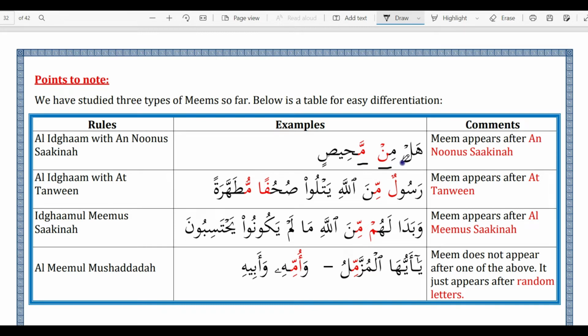So this example here would not be Meemul Mushaddada. This example will be idghamun nun sakina, because the letter Meem comes after nun sakina. Meme appears after a Nun Sakina, so it is Al Idgham with a Nun Sakina. It's from Ahkaamul Nun Sakina with Tanween.